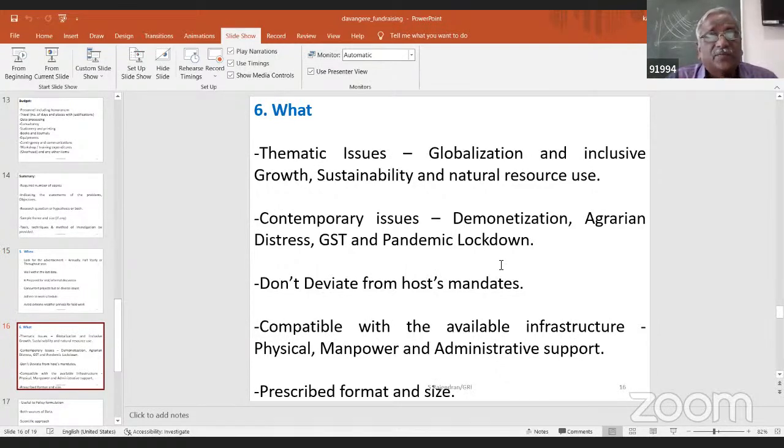Therefore, these are a few issues that can be kept in mind while preparing the research proposal. Also, the financial management, like increasing concern about non-performing assets, etc.